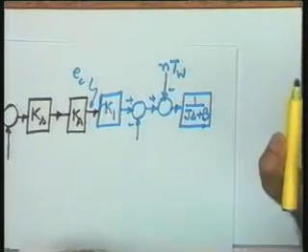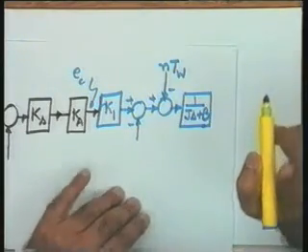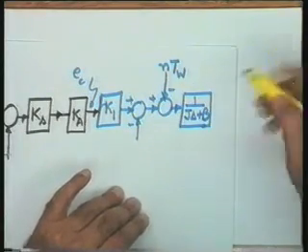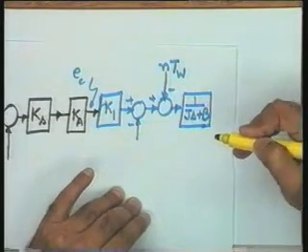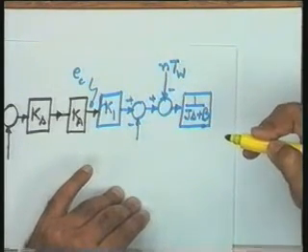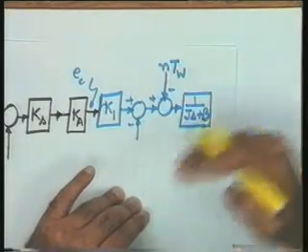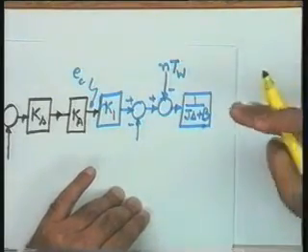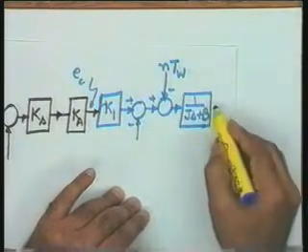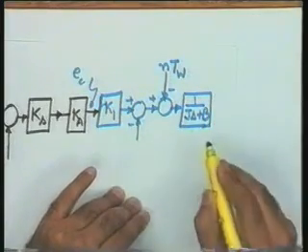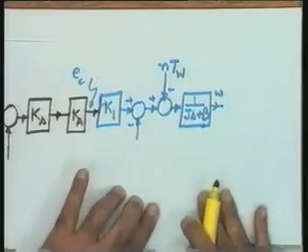The parameters of the camera, the telephoto camera, are different. They are JL and BL. The values J and B are the equivalent values when JL and BL have been reflected onto the motor shaft, and the inertia and friction of the motor shaft also have been added to those values. So I get this as the effective model on the motor shaft. This gives me omega.